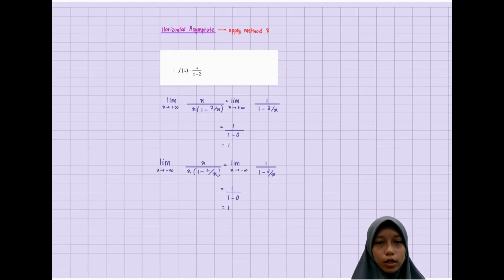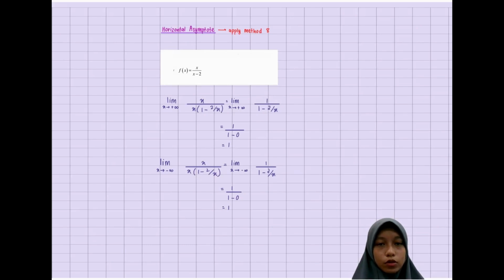We will cancel out the x at the numerator with the x at the denominator. So we are left with 1 over 1 minus 2 over x. We will substitute positive infinity, so we will get 1 over 1 minus 0. So we will get 1 for the limit of f(x) when x approaches positive infinity.